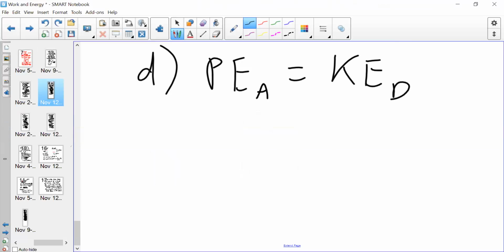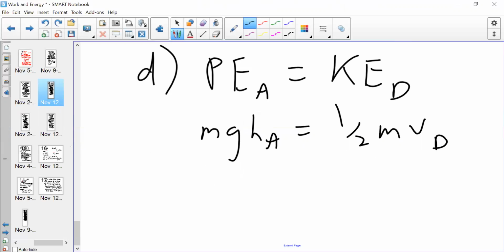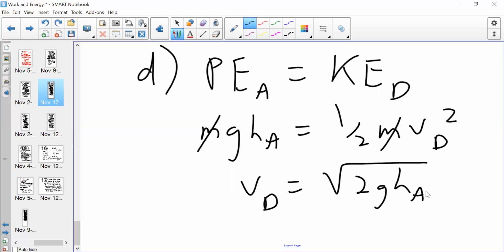So mgHA equals 1/2 mv squared, so v is the square root of 2g HA, where the initial speed at A is 0, the kinematics equation, the vf squared equation.